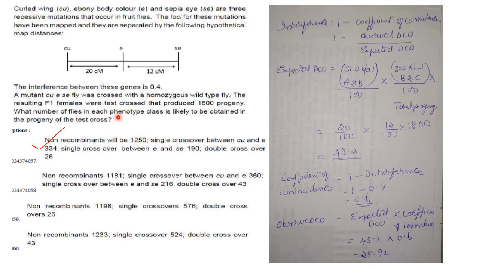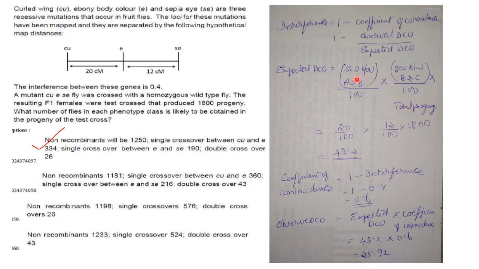So this is a 3-point test cross and they have given the value of interference. Interference is 0.4, and we know interference is 1 minus coefficient of coincidence, that is 1 minus observed double crossovers by expected double crossovers. Expected double crossovers is given by the single crossover between A and B divided by 100, into single crossover between B and C divided by 100, into total progeny.